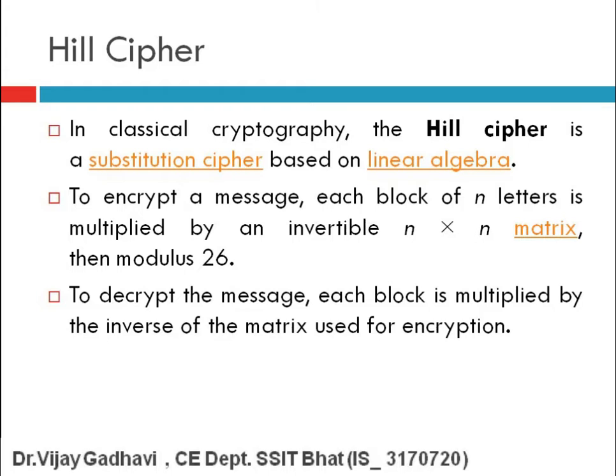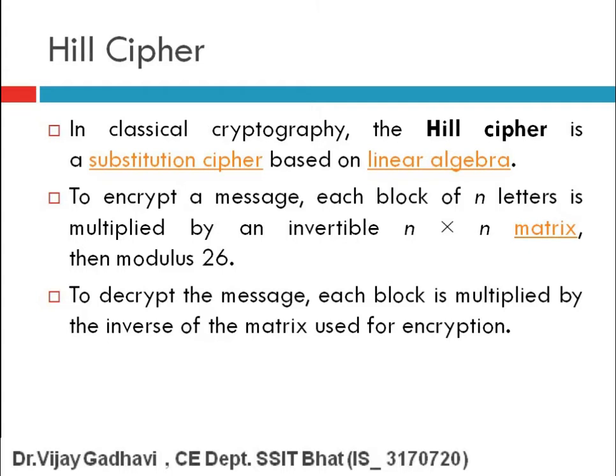Encryption and decryption can be given by the formula: encryption C = PK mod 26 and decryption P = CK^-1 mod 26. Now in classical cryptography, the Hill cipher is a substitution cipher based on linear algebra.